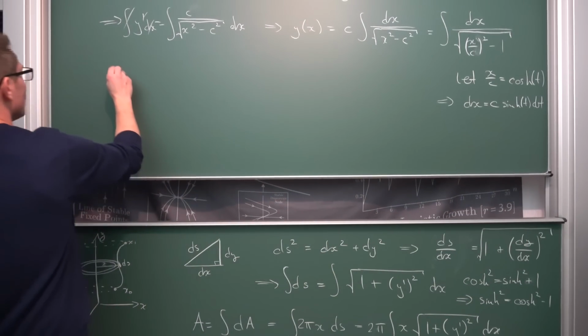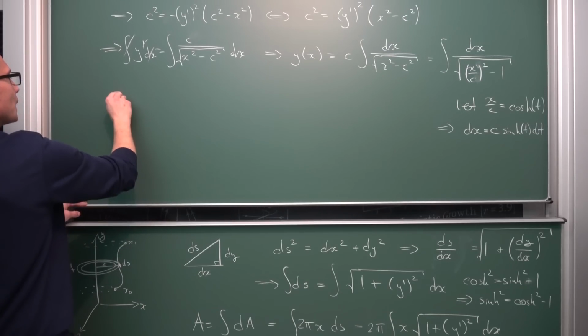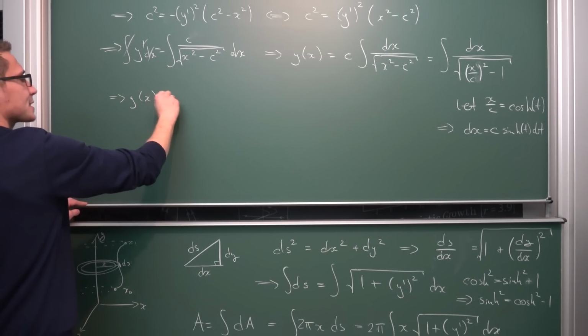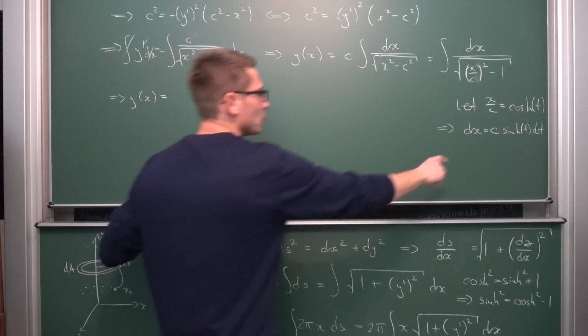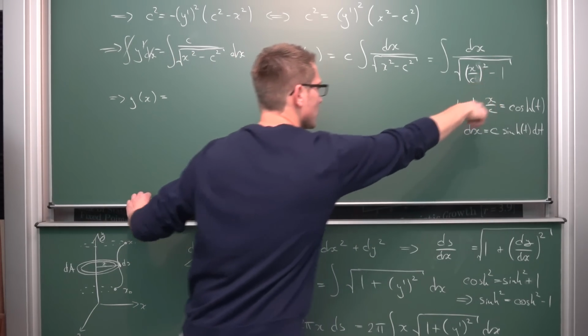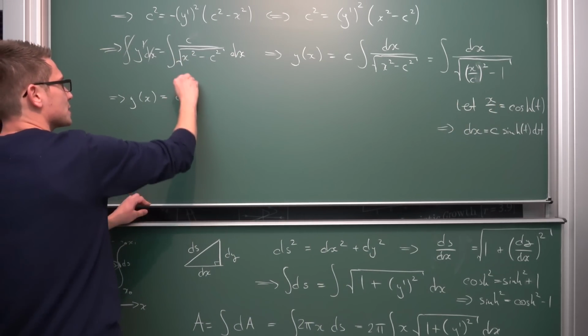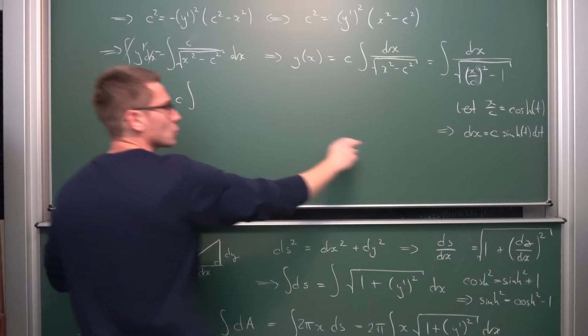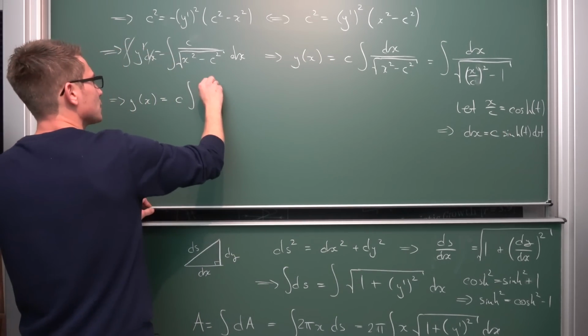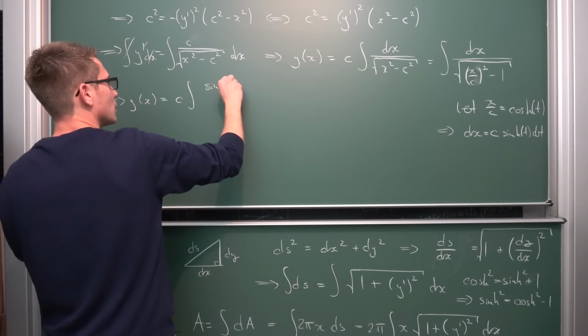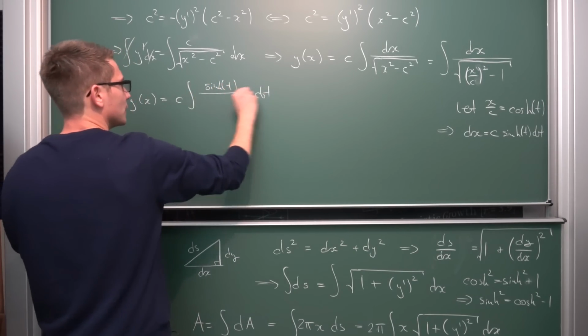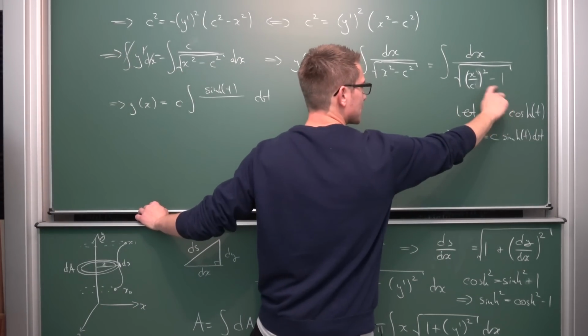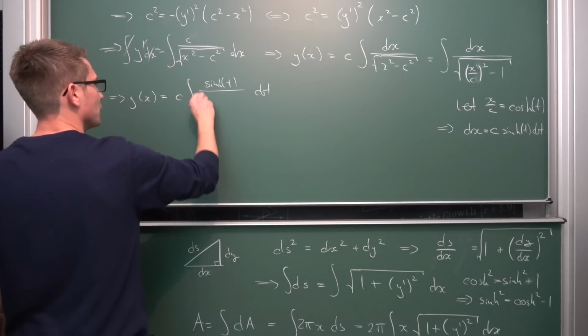Now we can plug the new information in, giving us overall that our y with respect to x is nothing other than, okay, we are going to get a c as a constant, which we are going to just bring to the front. c times the integral of sinh of t dt divided by, and now we are going to get the square root of cosh squared minus 1.